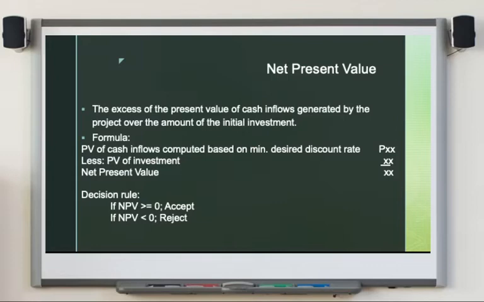So if cash inflow is higher than the investment, and that means more cash inflow than the investment, then we will get a positive NPV, and therefore we will accept that proposal. However, if the cash inflow is less than the investment, then we don't have a choice but to reject the proposal because it will not generate a cash inflow that is equivalent at least to the initial investment.